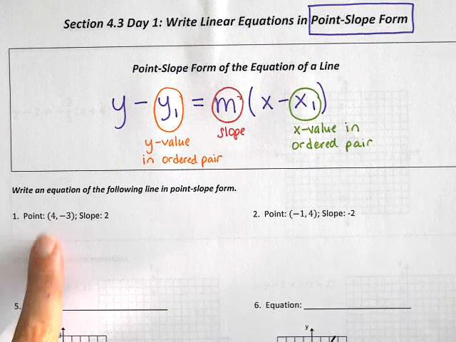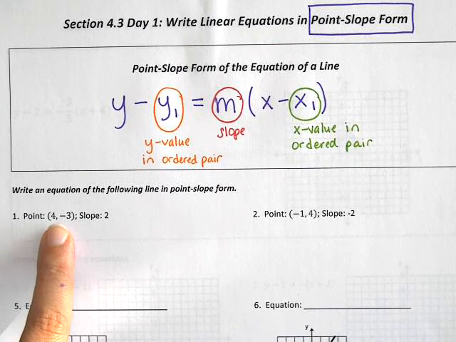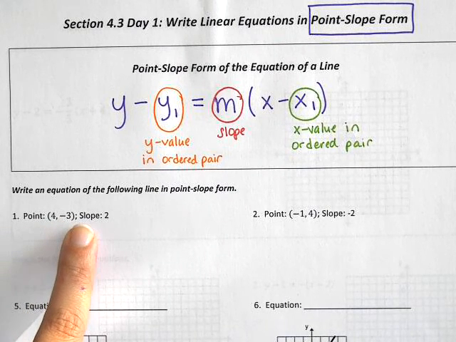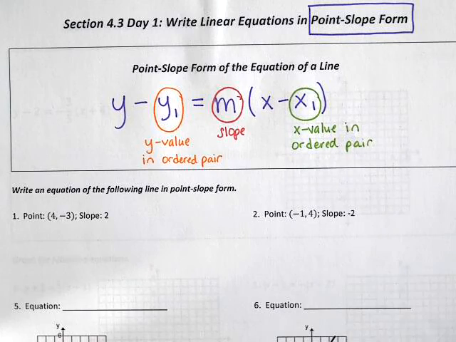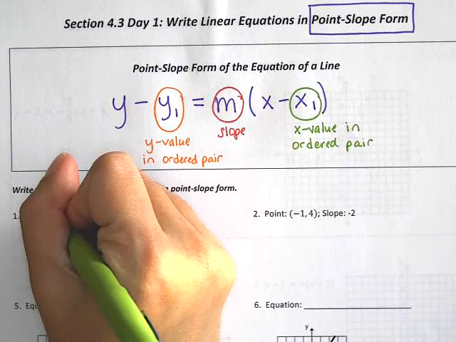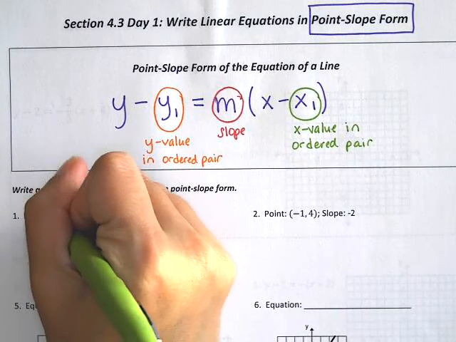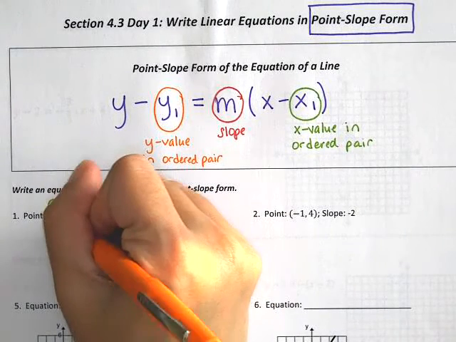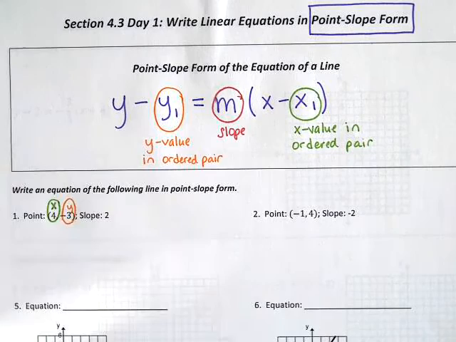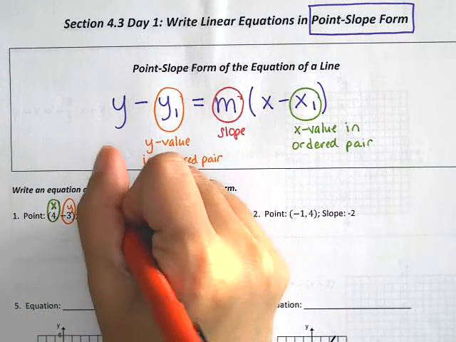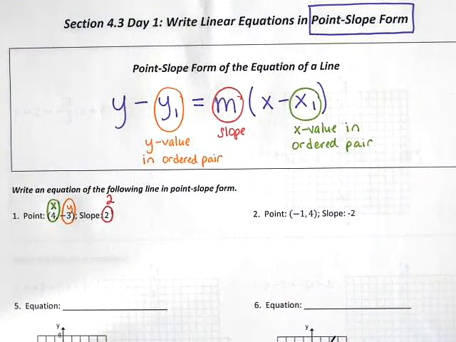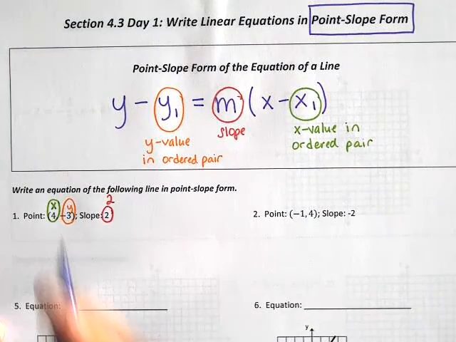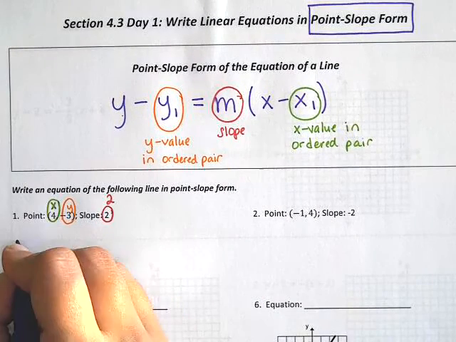So number 1 says point, and it gives me a point, slope, and it gives me a slope. The 4 is the x. The negative 3 is the y. And the slope is 2. So watch how I just plug those things in. Are you ready? I'm going to copy this first y.